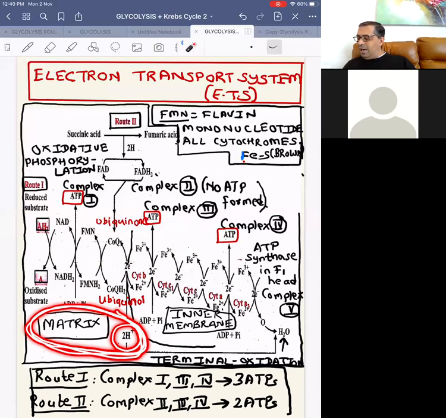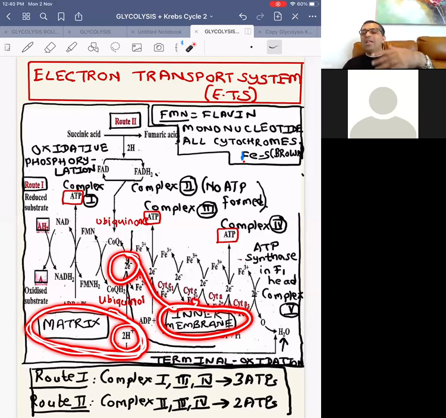It is the electron which will pass into the inner mitochondrial membrane, which has a series of electron acceptors. We will come to it.